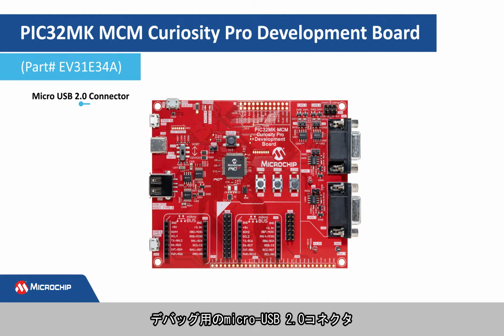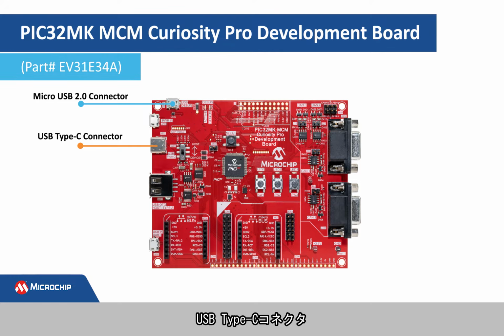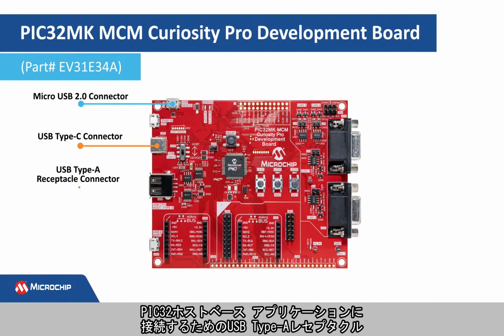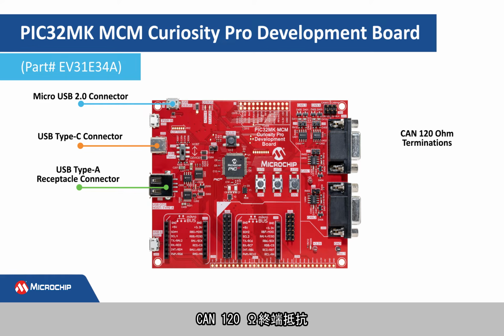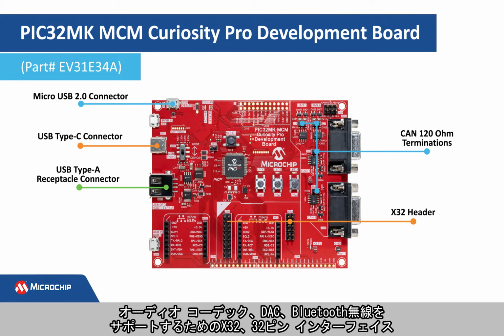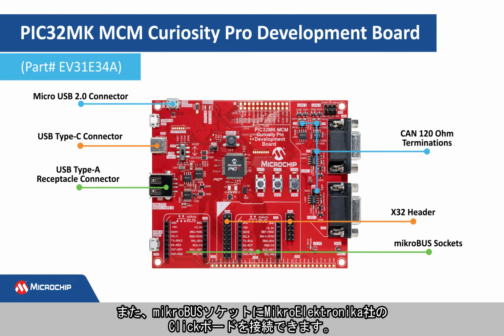There's a micro USB 2.0 connector for debugging, a USB Type-C connection, USB Type-A receptacle for connectivity to PIC32 host-based applications, CAN 120 ohm terminations, an X32 32-pin interface to support audio codec, DACs, and Bluetooth radios, and users can add Microelectronica clickboard functionality through the microBUS sockets.